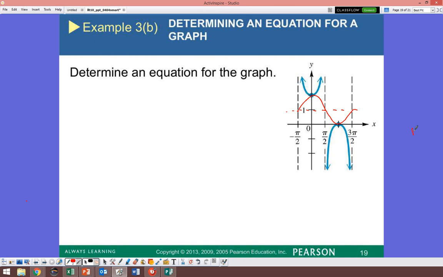Maybe. Okay, so now let's take a look. If this is my vertical shift, what's my amplitude? From this line, it goes up 1 and it also goes down 1. So my amplitude is 1.